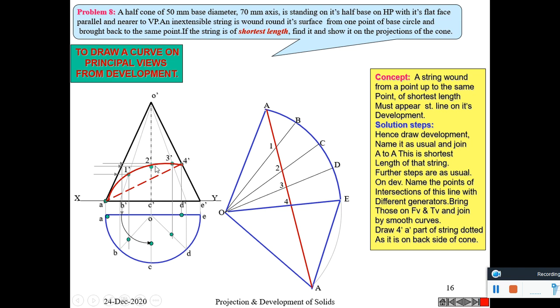So 1, 2, 3, 4 is at the front side, and at the back it is a straight line from 4 to A. Similarly, from here also we get an arc, and 4 to 1 will be a straight line. 4 to A will be a straight line.